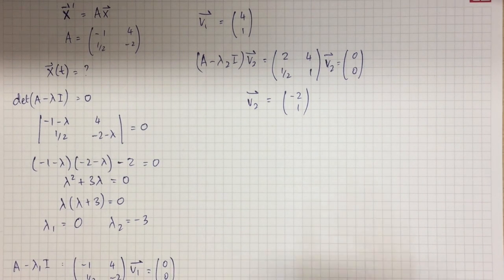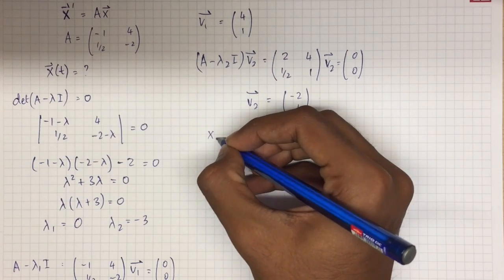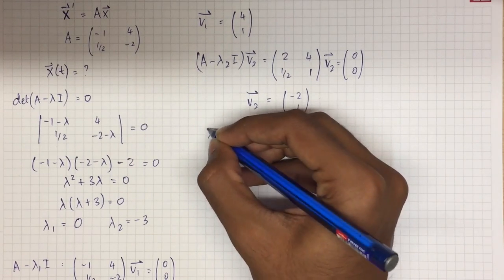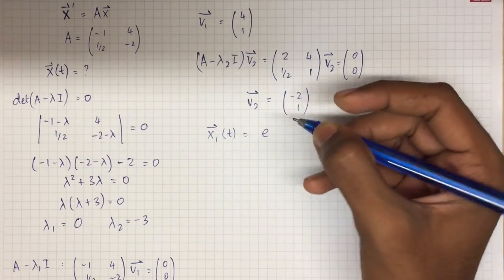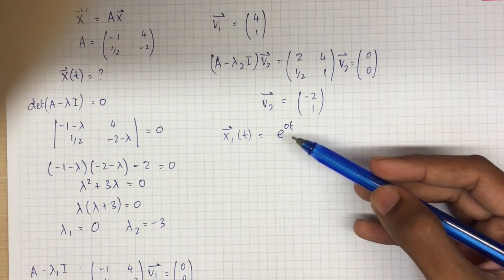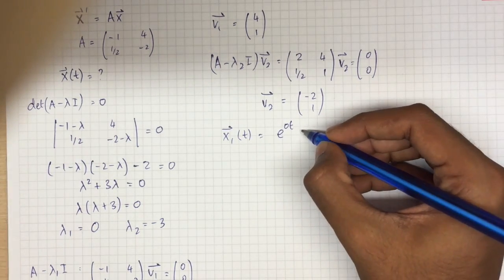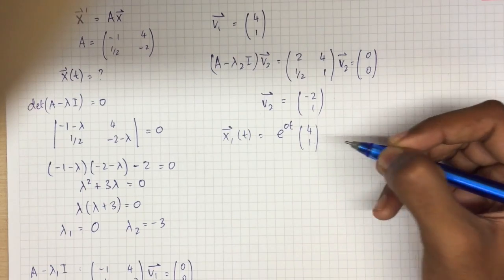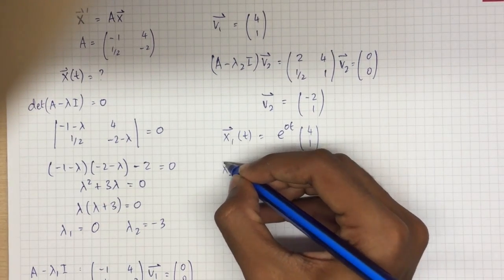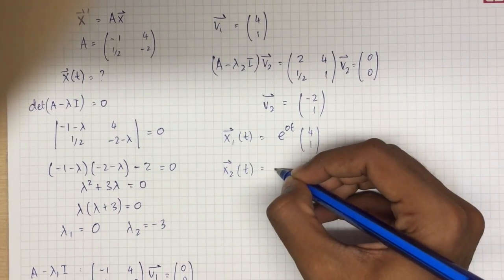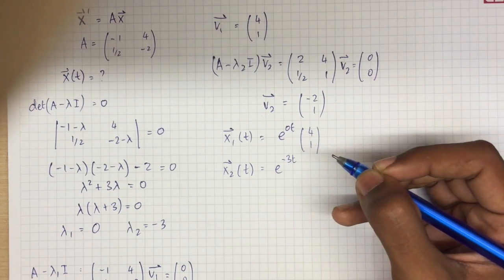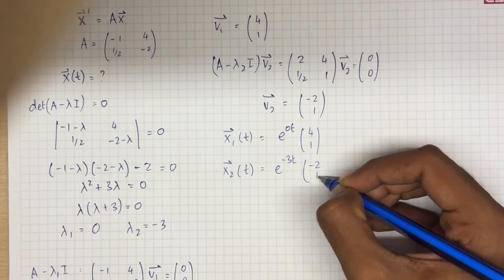So now I can frame my answer. My x1 of t, my first solution, would be e to the lambda 1 t times its corresponding eigenvector v1, so that's (4, 1). My x2 of t would be e to the lambda 2 t times its corresponding eigenvector.